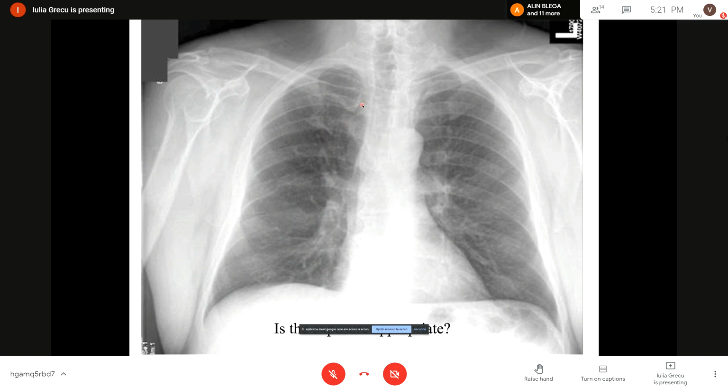Normally, to be sure that a lung film is correctly done, we should see only the first 3 or 4 thoracic vertebral bodies in the upper part of the thorax. And this will give us the certainty that we have a correctly exposed film.